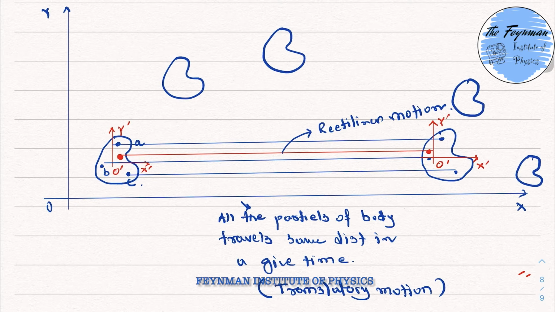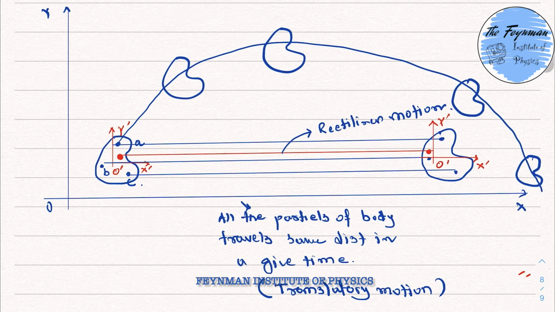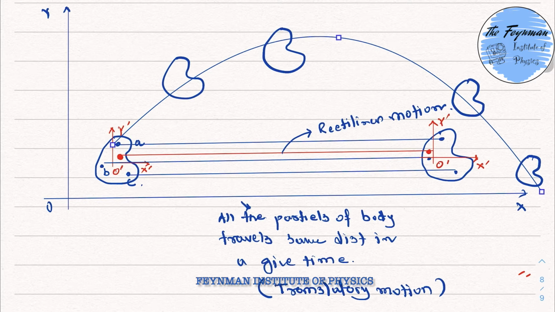Now in this case we can see that although the constituent particles travel the same distance in a given interval of time, they are not moving in a straight line. Instead, they are moving in a curved path.